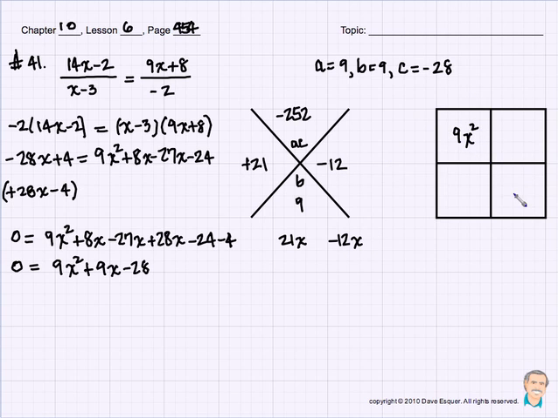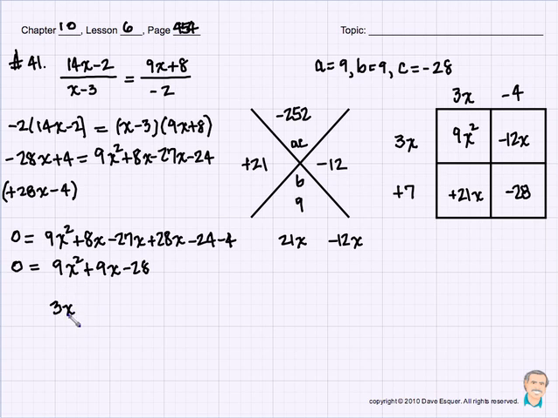In our box we have 9x squared, we have minus 28, we have minus 12x, and we have 21x. So we placed everything in the box. 9x squared and minus 12x, they have in common a 3x, which gives us a 3x, which gives us a minus 4, which gives us a plus 7, and our final check of plus 7 times a minus 4 gives us that negative 28 area that we need.